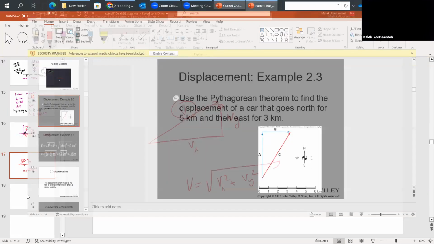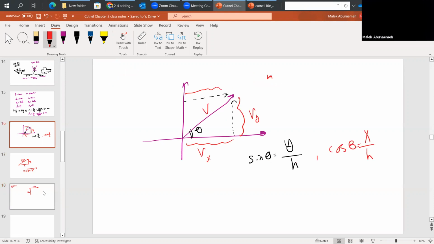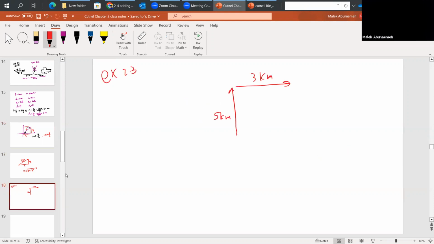So this is example 2.3. You get a car that goes up 5 kilometers, and then it goes this way 3 kilometers. Again, using the head-to-tail method, here's the resultant vector.